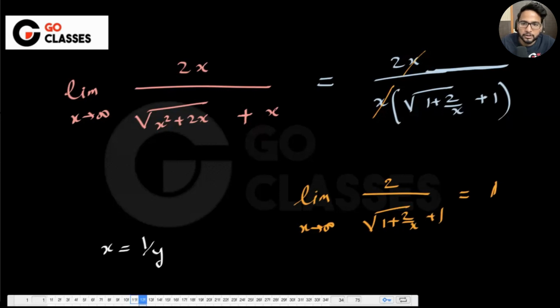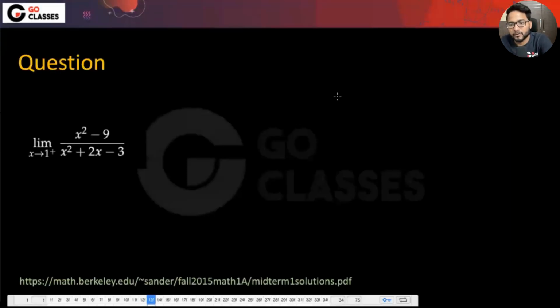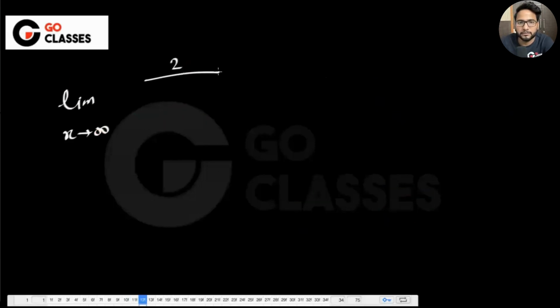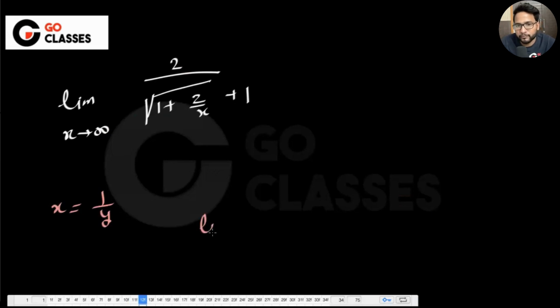Suppose you have something like this: limit x tends to infinity, maybe 2 upon square root of 1 plus 2 upon x, plus 1. If you want to replace this x tends to infinity using the relation x equal to 1 upon y, then it means y tends to 0. If x is going to infinity, then y, which is 1 upon x, tends to 0.